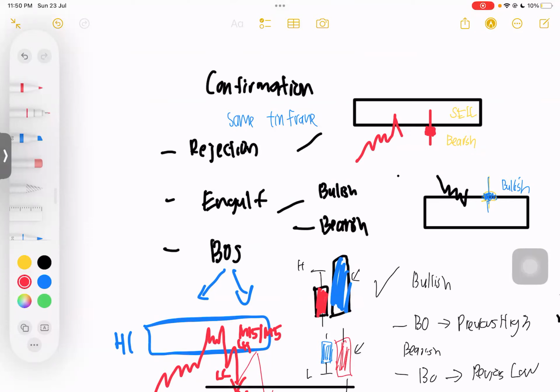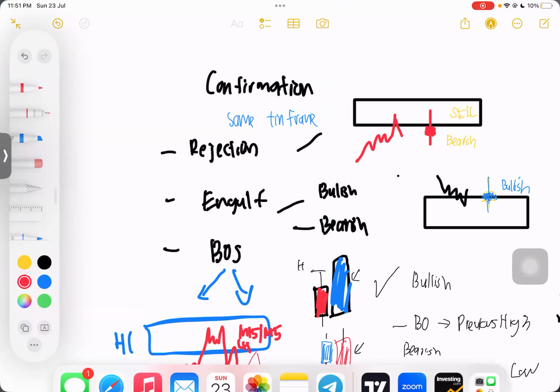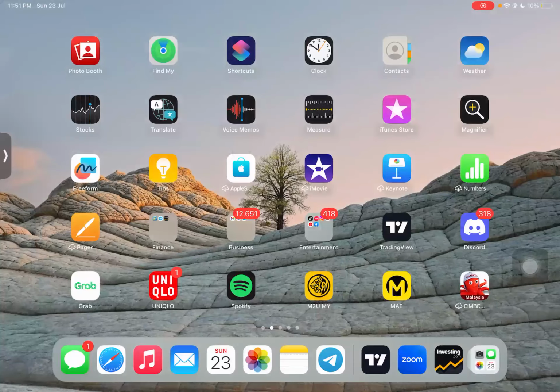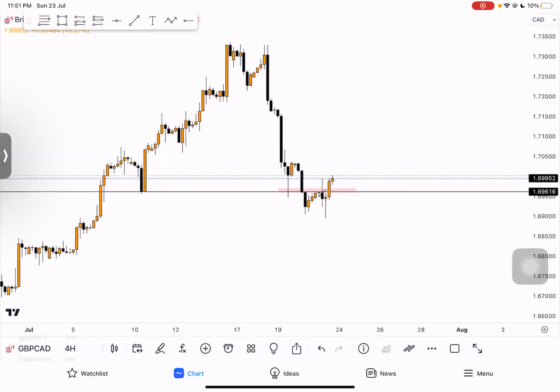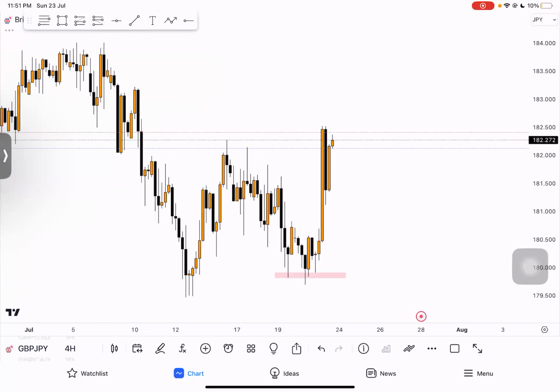After how many pips should you set SL to break even? I suggest after reaching the new zone, the opposite zone. For example, GJ maybe.